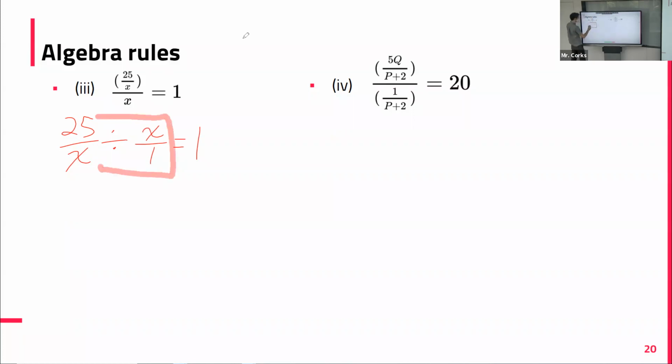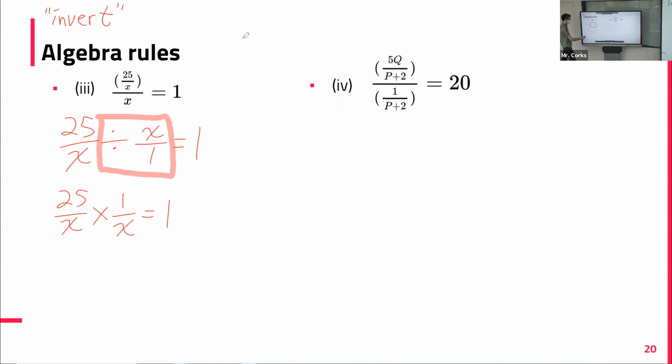If we have two fractions that are being divided by each other, then yes, so upside down. This fancy term there is invert. So just flip upside down. So invert and multiply in this case. So we flip over the second fraction, change this to multiplication, 25 over x times 1 over x equals 1.